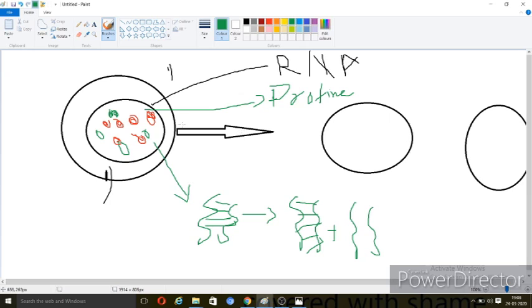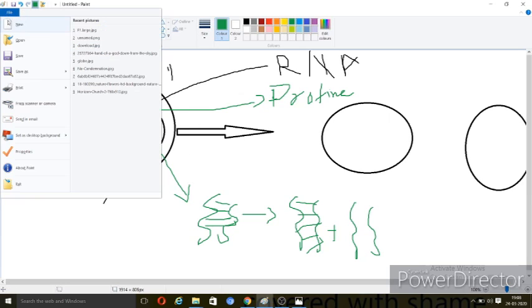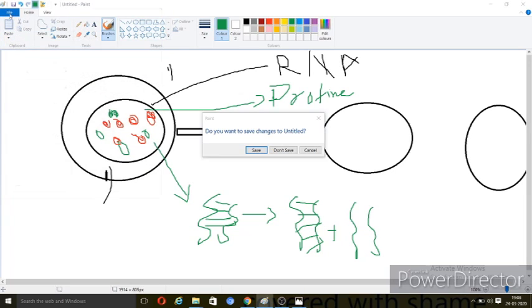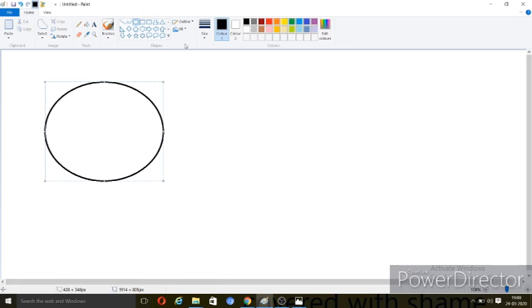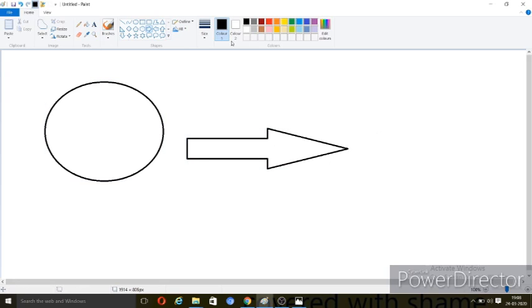Now, what is the difference between these two cells? I have said that this is a mother cell, and this mother cell will be producing two daughter cells.